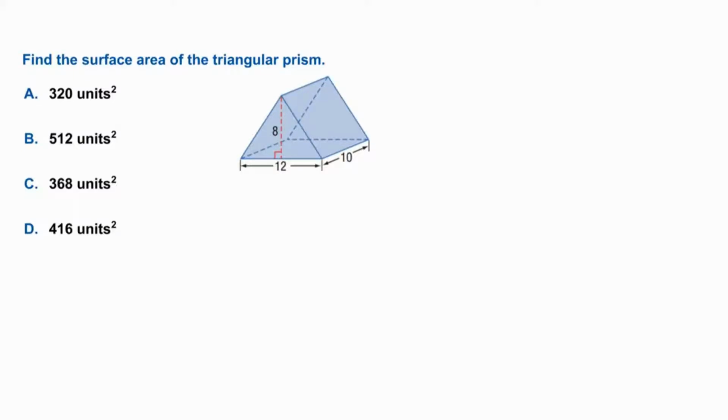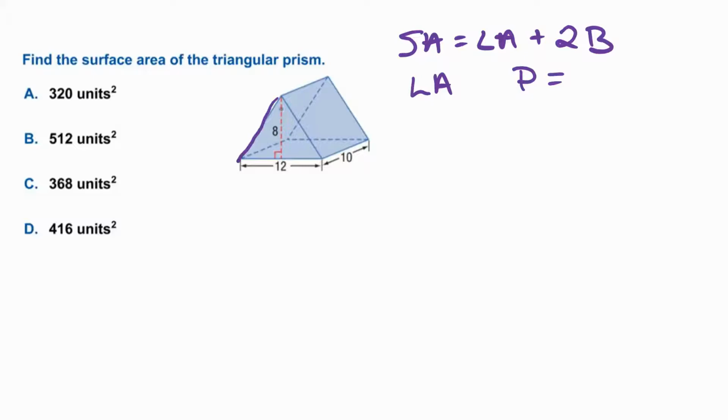Want to find the surface area of the triangular prism. Again, the surface area is equal to the lateral area plus 2 times the base. The base here is a triangle. To calculate the lateral area, we need to know the perimeter. The perimeter, we need to know what these two sides are.